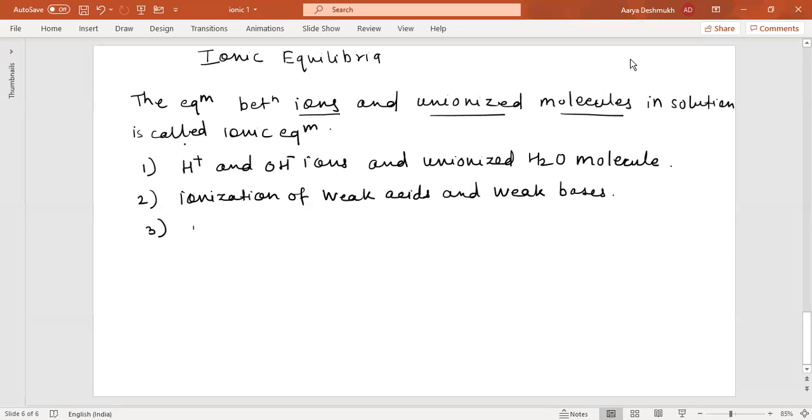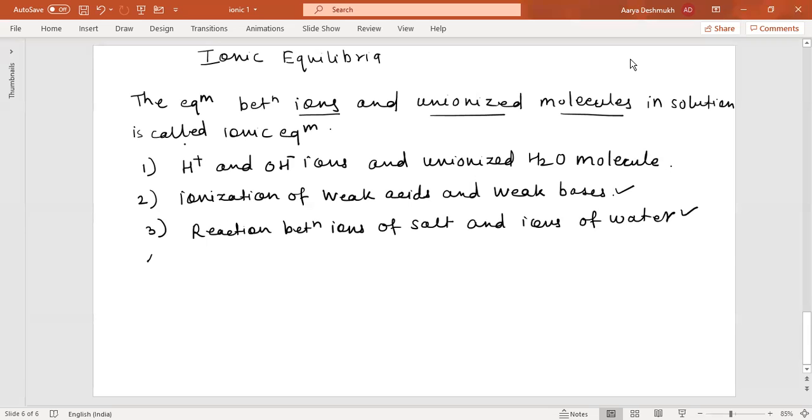Number 3, that is the reaction between ions of salt and ions of water. So we'll be studying hydrolysis also here, in both the cases. I'll be explaining what is hydrolysis and all in detail as we proceed further.